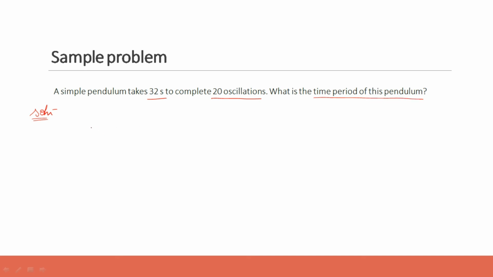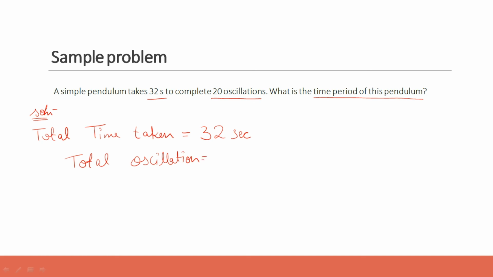We have a simple pendulum which is taking 32 seconds. First of all, let us write the time taken, or we can say the total time taken. It is given that it is 32 seconds, and total oscillations: how many oscillations are there?